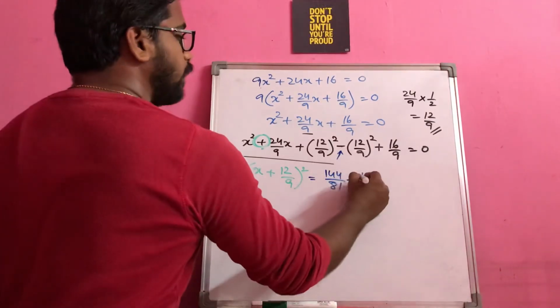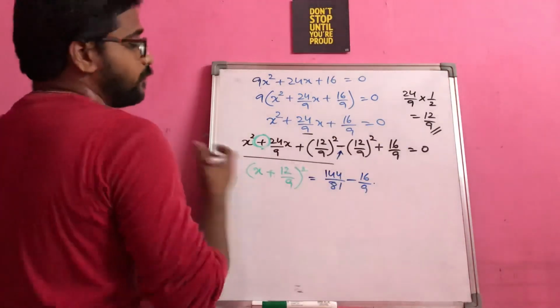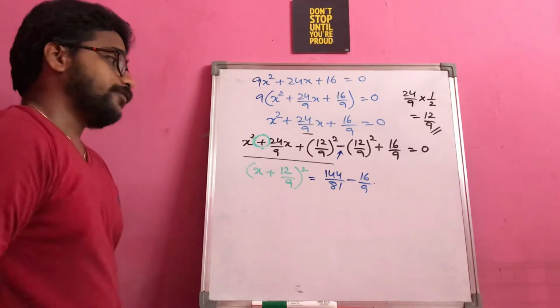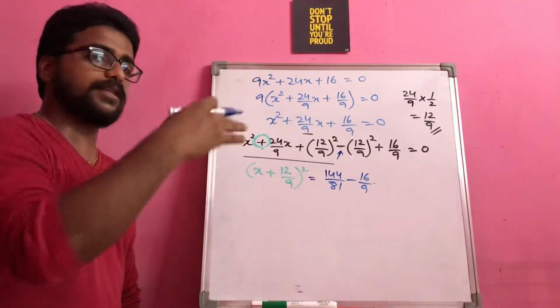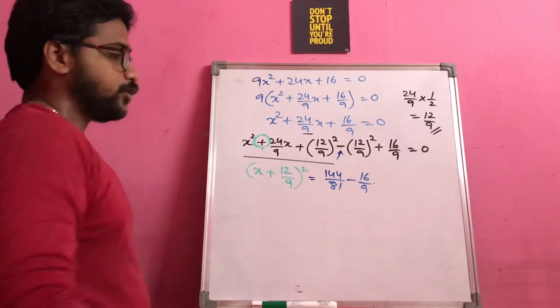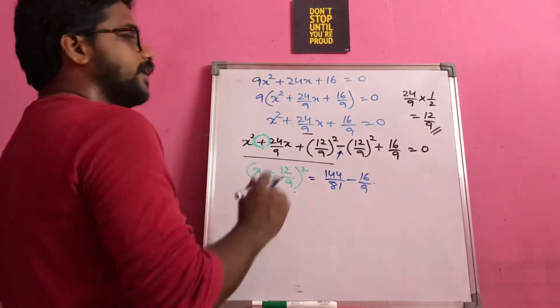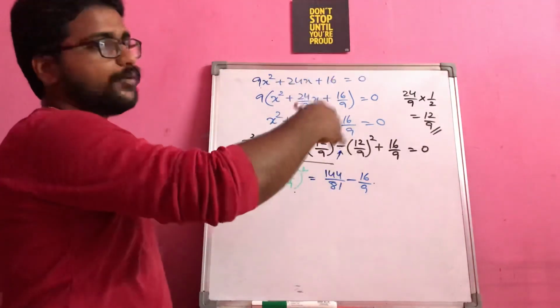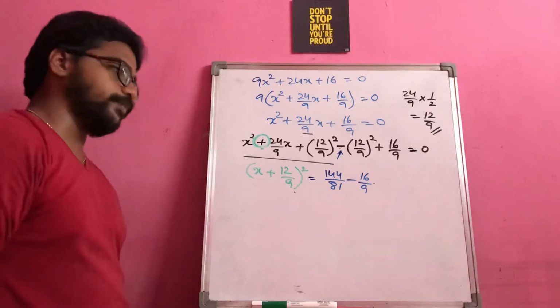This plus will become minus. Please try to follow this method, because if you forget about this minus, for sure everything that remains will go wrong. So after using the algebraic identity, try to take the remaining constant terms to the other side, so that you won't go wrong in the calculation part.